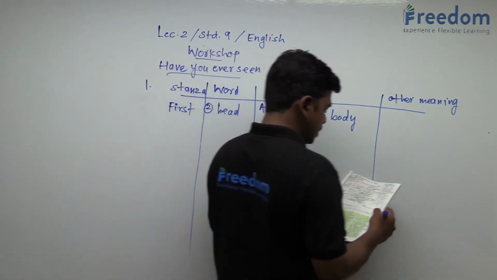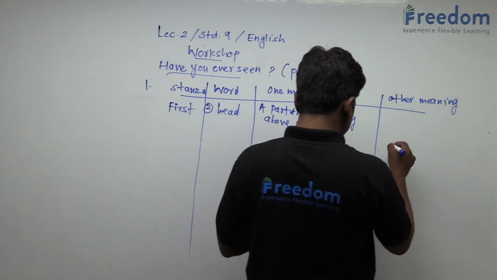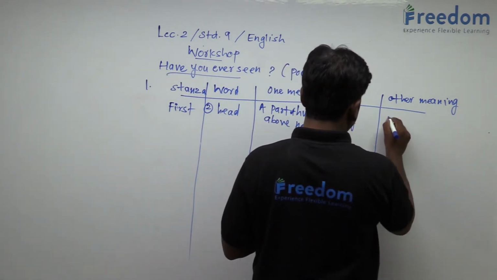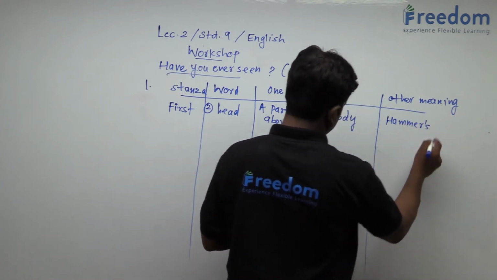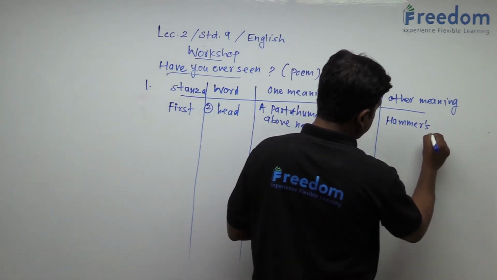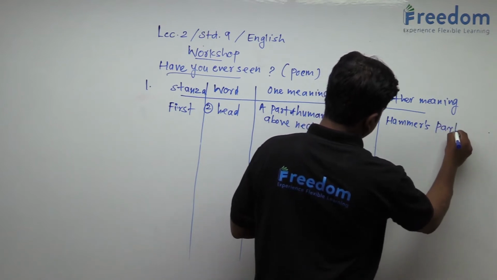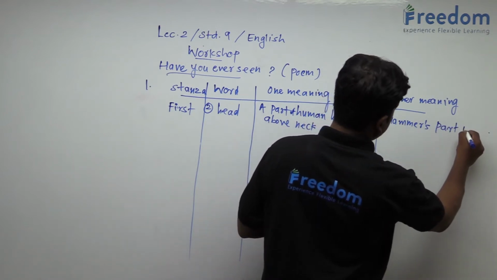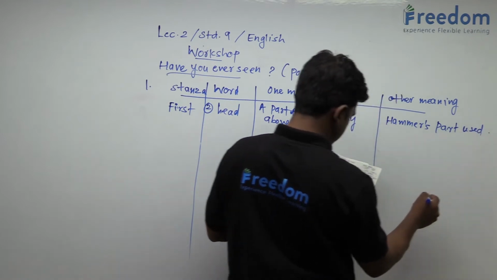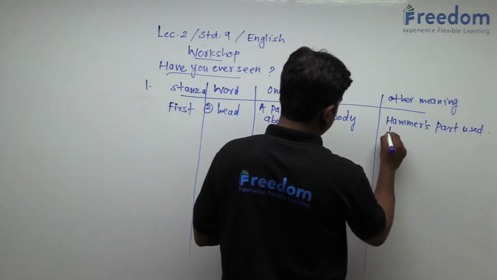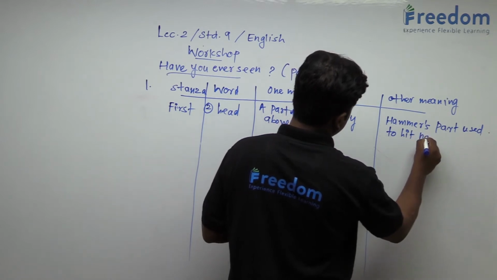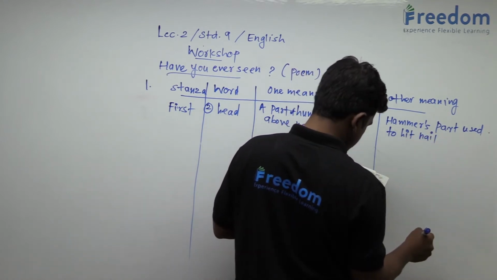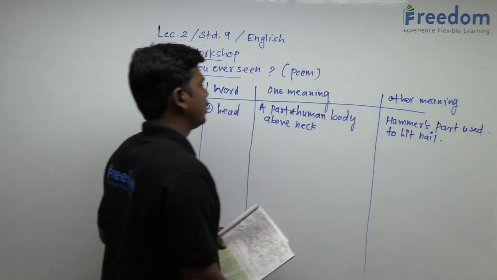What is another meaning that we get in the poem? The hammer's part used to hit a nail. So this is the other meaning.